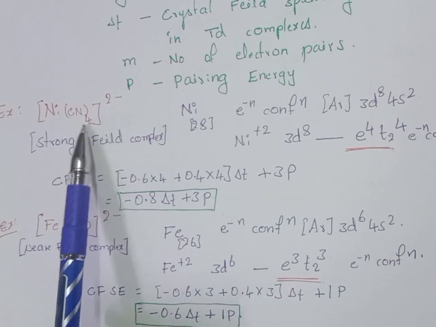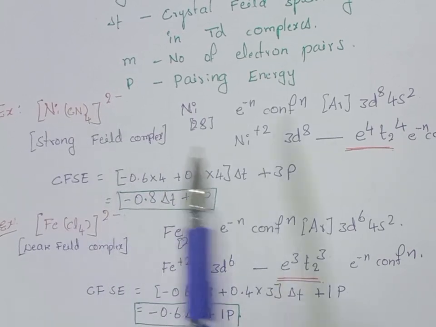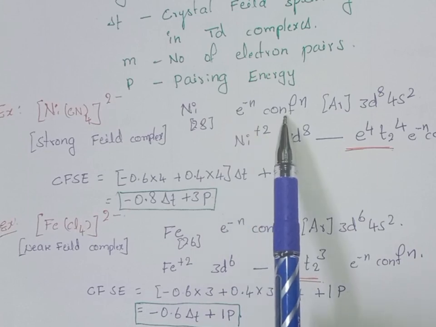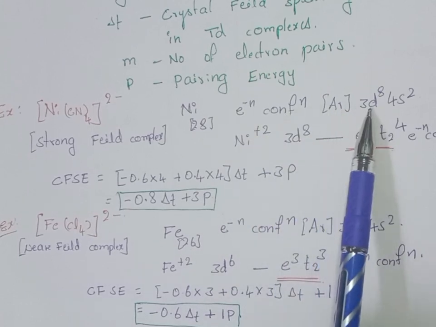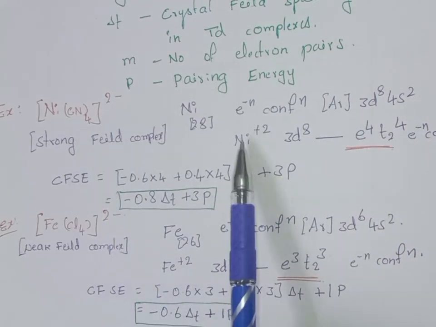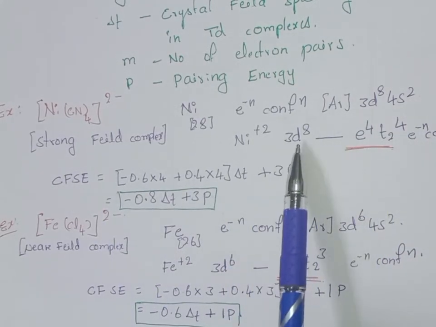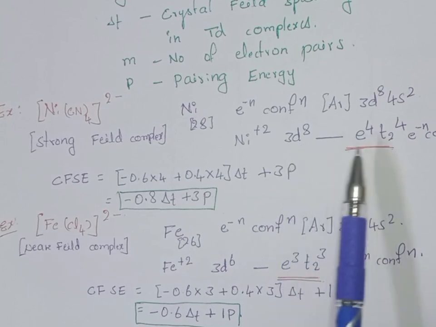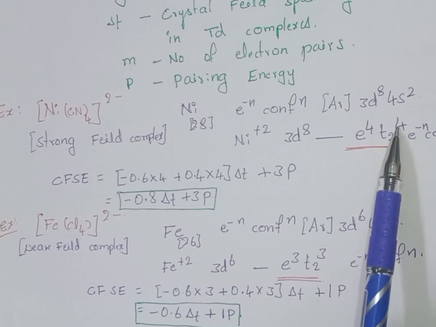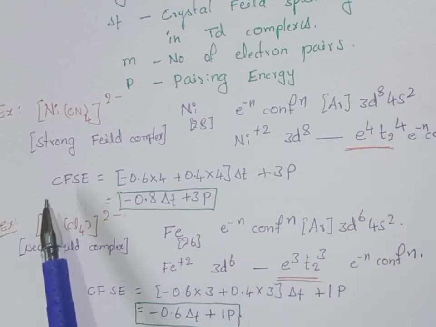Strong field complex, tetracyanonickelate(II). Nickel has atomic number 28 and electron configuration argon 3d8 4s2, right? So nickel is in the +2 oxidation state, that's why we are taking a d8 system, and the obtained electron configuration is e4 t2^4, right?